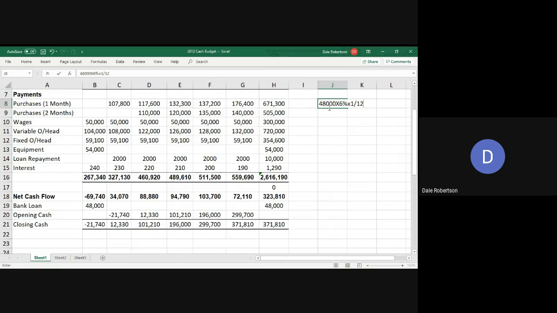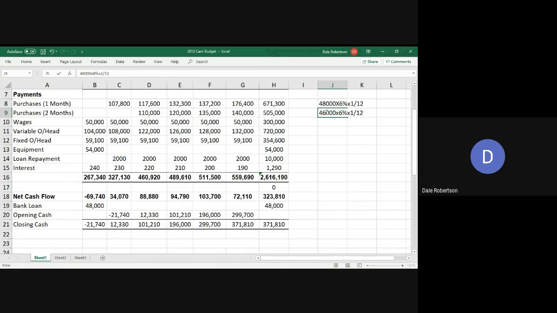Now, however, the next month, how do I get this 230? Well, that is 46,000, because that is how much is left having paid off 2,000 in August, by 6%, and then you express that by 1/12, because even though the percentage is per annum, we're looking for the monthly amount.